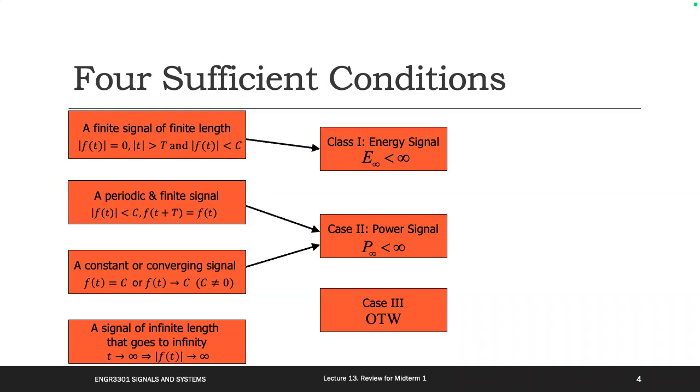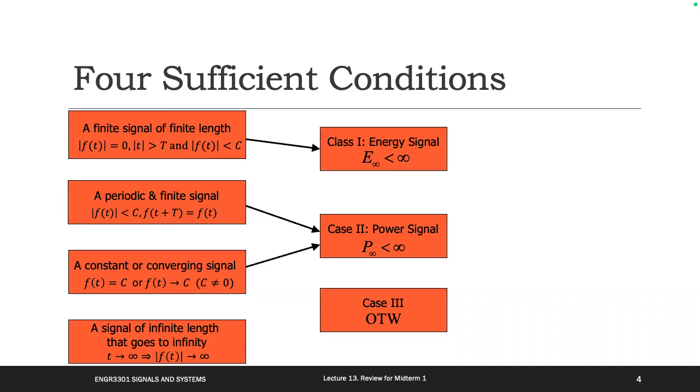Actually, you can see this one converges to C, but there is a condition: C doesn't equal 0. But for this one there is no such condition, which means for the first signal it can go like this, but for the second and third, maybe it will go like this.